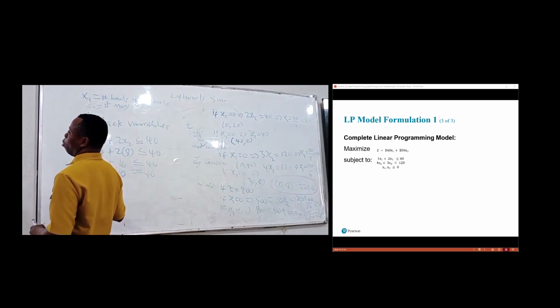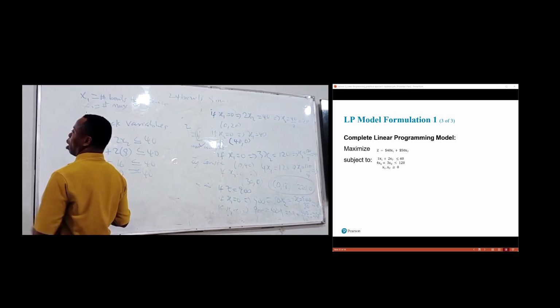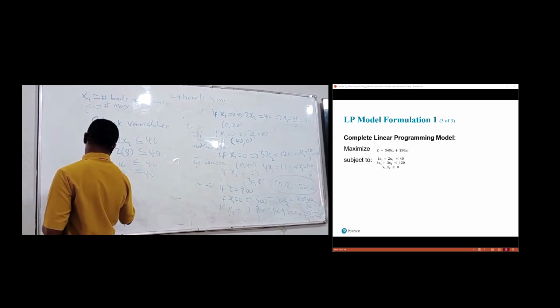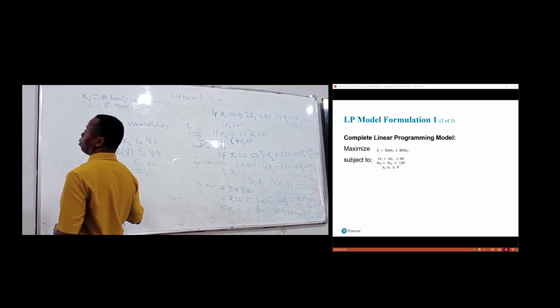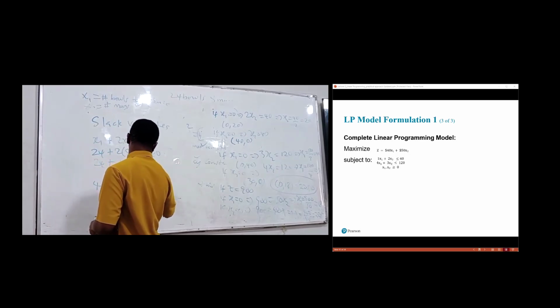Let's go to the second one. We said 4x1. So x1 is what? 24 plus 3 times what? 8. Not so. It's equal to what?